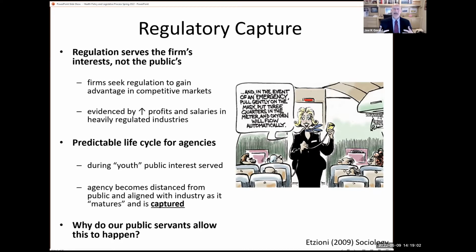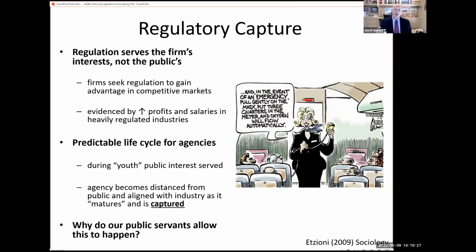And this is the exact opposite expected outcome from the public interest view of government, right? The idea here is that firms, businesses seek regulation to gain advantage in competitive markets. And by doing so, they increase profits within that industry. You may have higher than average salaries in those industries.